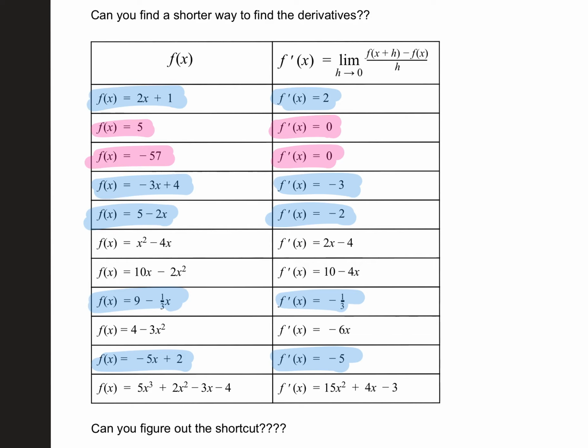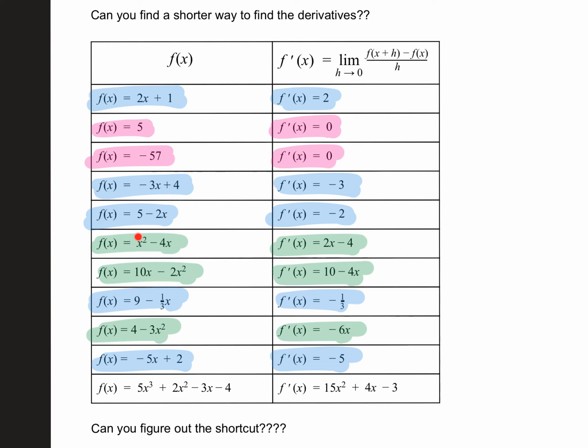Interesting, okay. Let's take a look at some of the higher powered ones. So our quadratics. So here's some quadratics, right? Now look at these derivatives. They're a little more interesting. So the derivative of f of x equals x squared minus 4x ends up being 2x minus 4. Now we can see how negative 4 is just where the slope would be if this were a linear function.